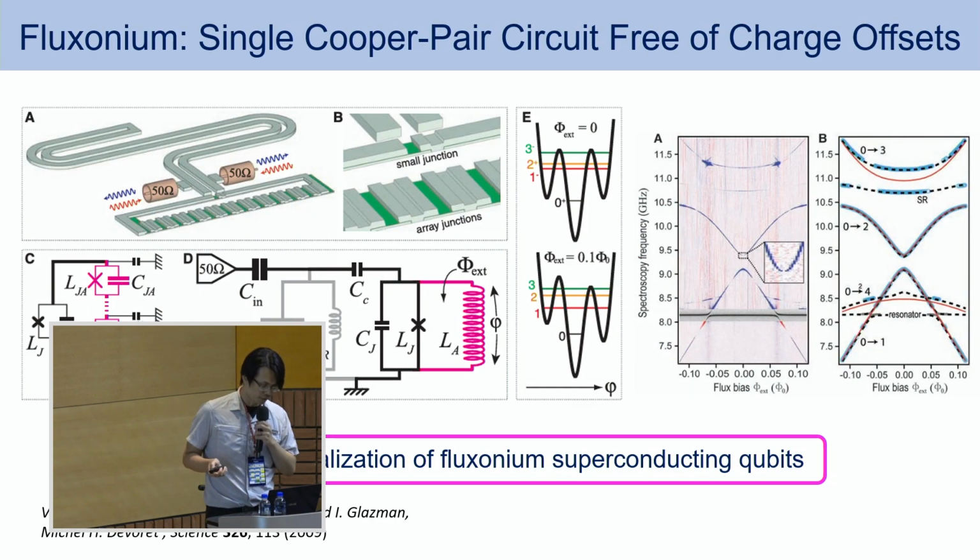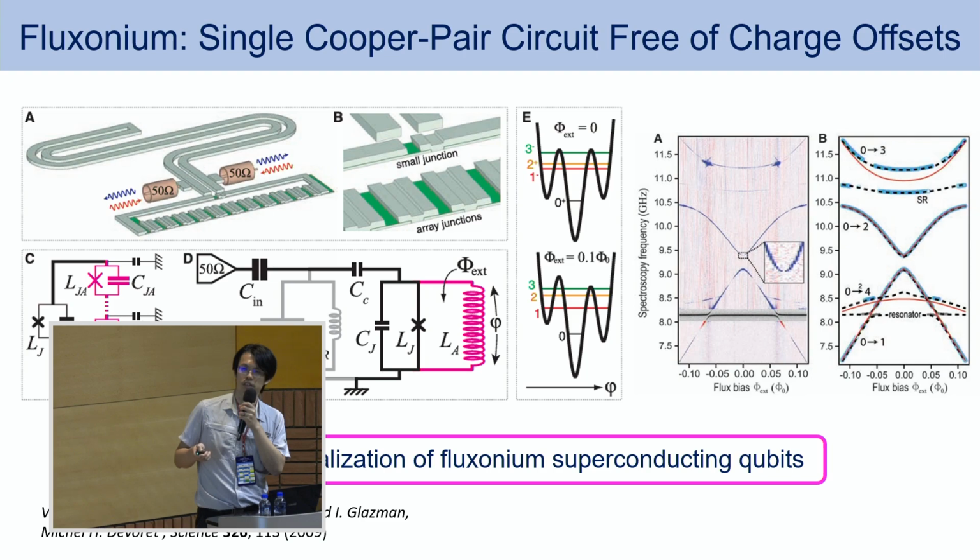So this is the very first realization of fluxonium superconducting qubits by my postdoc advisor Vladimir Manucharyan at Yale. At that time, you have a small junction shunted with a Josephson junction array.